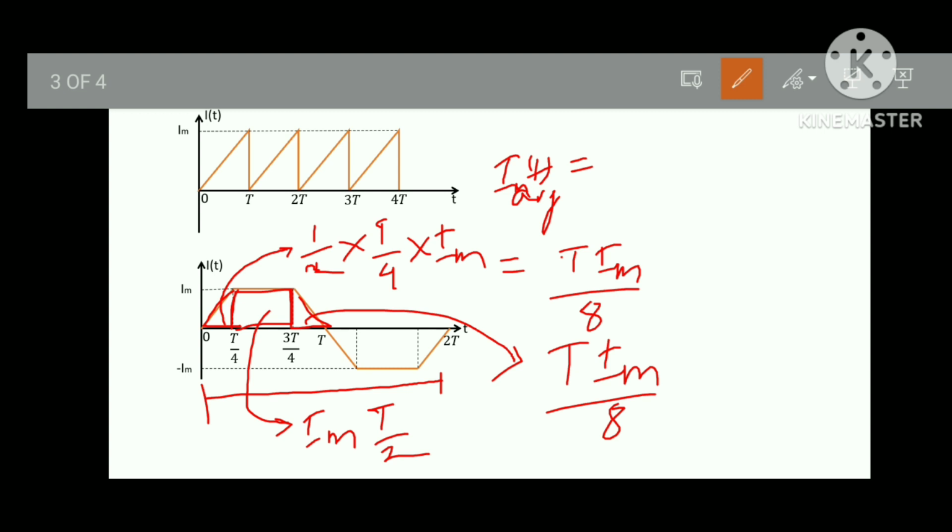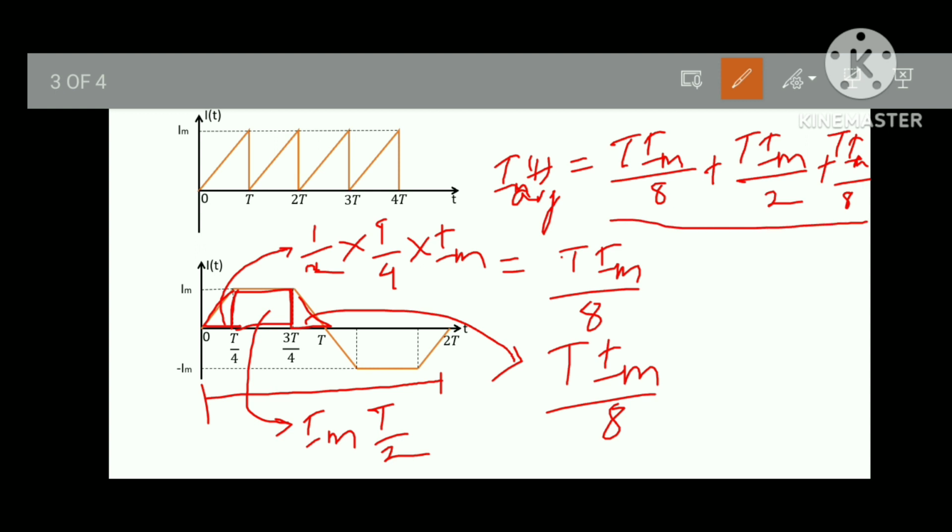Let's add them: T Im upon 8 plus T Im upon 2 plus T Im upon 8, divided by the half cycle time period, which is T.